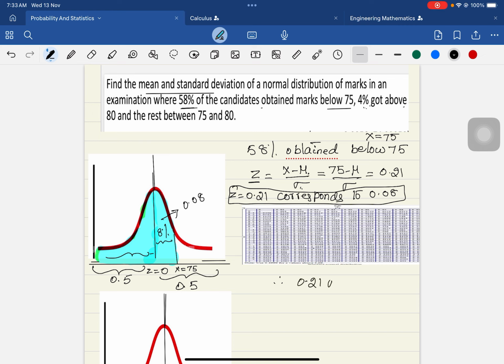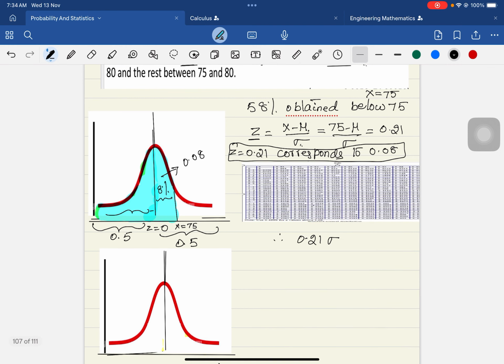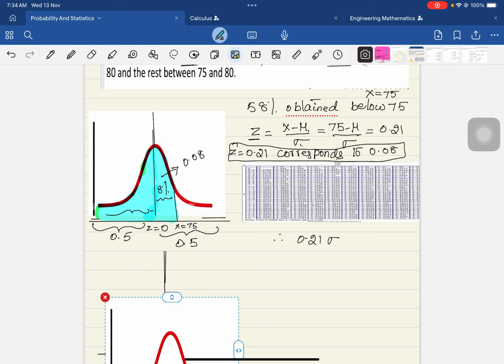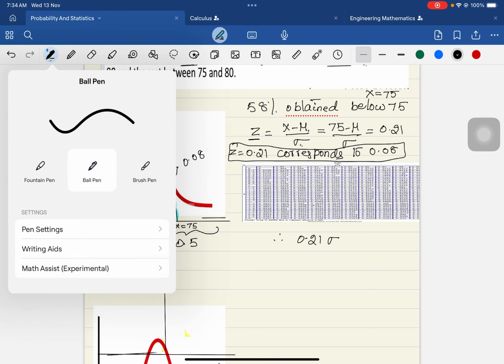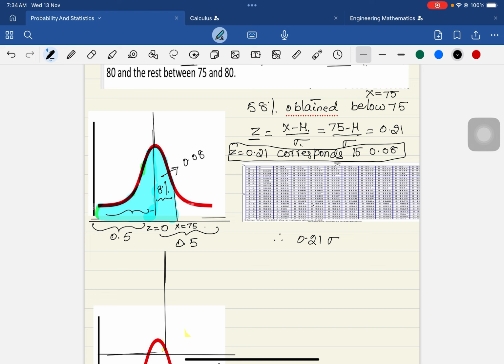0.21 sigma, and one more point I want to tell you. In this, 0.21 is positive. Why? Because x is equal to 75 is corresponding to the value z equal to 0.21, and this value is positive because it is on the right hand side of the mean z equal to 0.